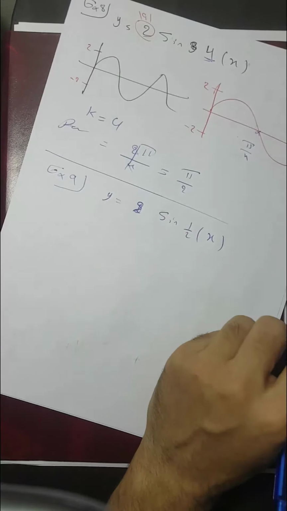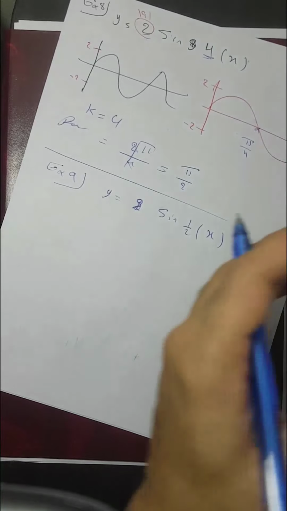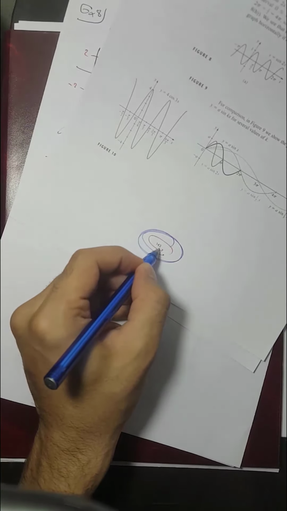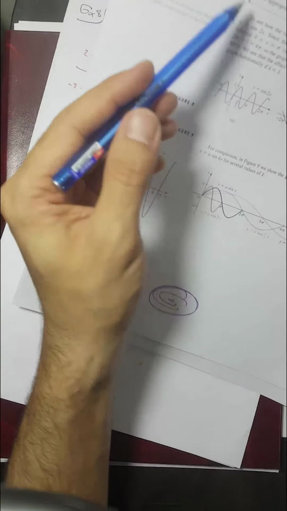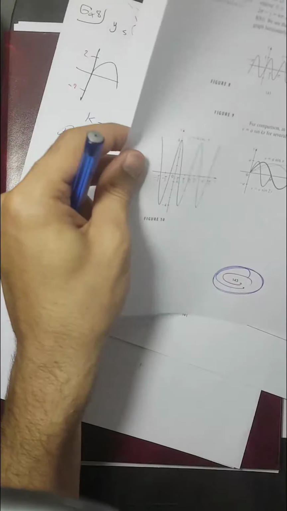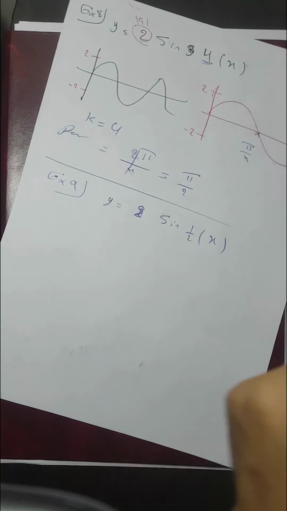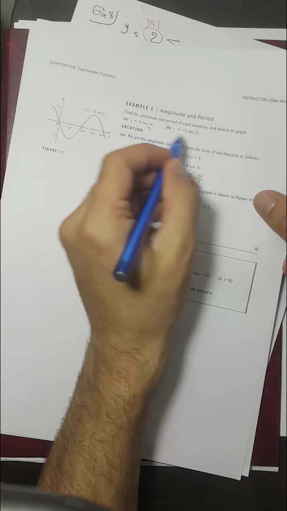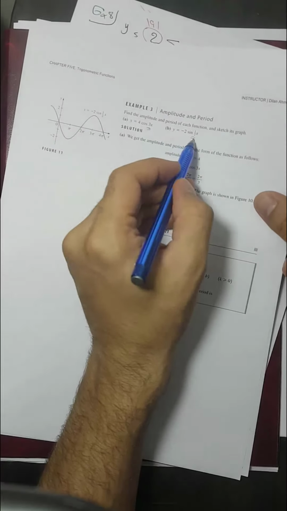So how do we solve this example? You can find more details on page 143, example 3, and you can combine them. Example 3 is on page 144 in your lecture note.